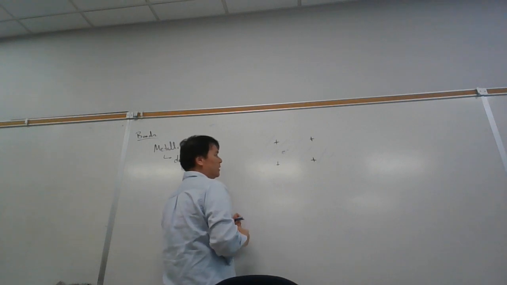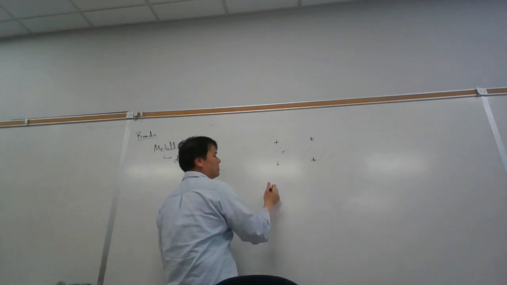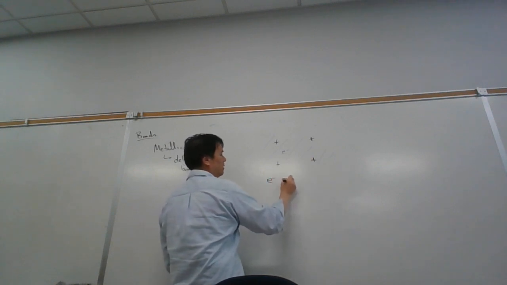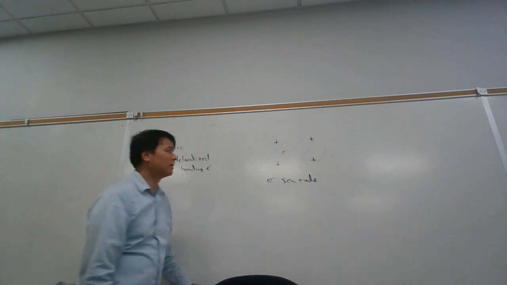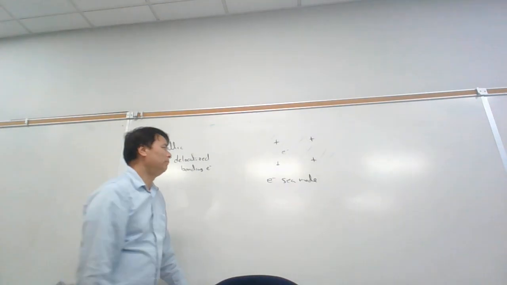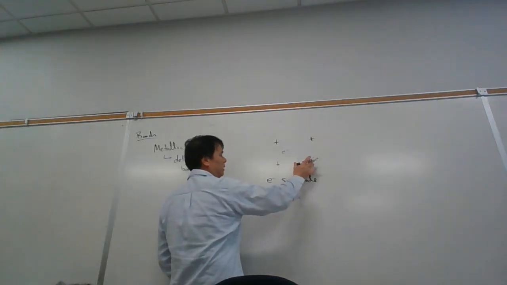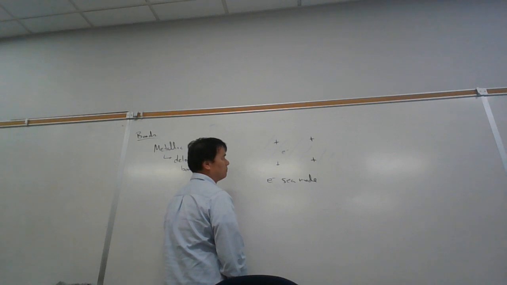However, the nuclei and the core electrons are fixed in position. And so they call this the electron sea model. It's the electron sea model because the electrons are free to move like ocean water, and the nuclei and the core electrons are like pier pilings, which are fixed in position.